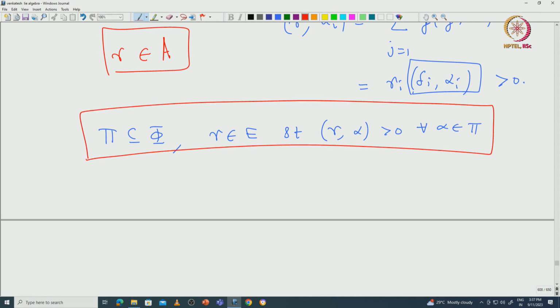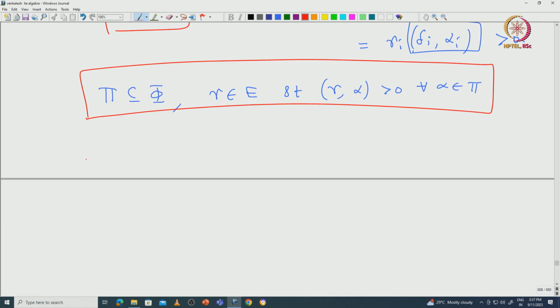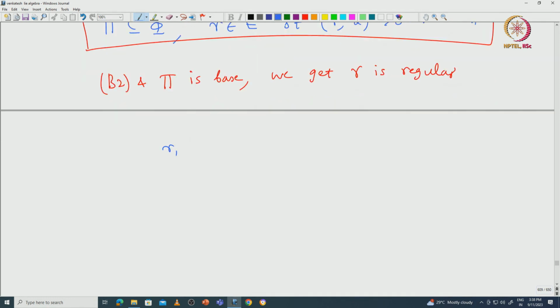Since pi is a base inside phi, this gamma must be regular, using B 2. So what is the meaning of that? That means gamma comma beta is non-zero for all beta inside phi.